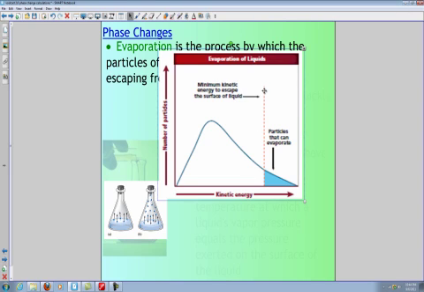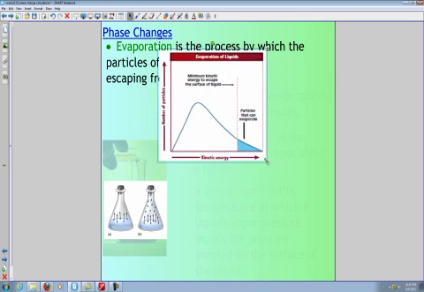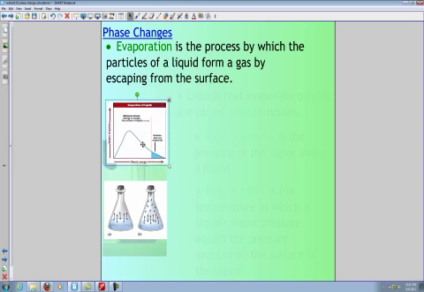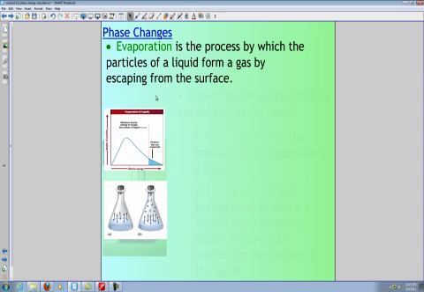You see there's this line here that says minimum energy needed to escape the surface, in other words, to become a gas. So all of these particles that have this much kinetic energy, if they're at the surface, they can escape and evaporate. And over the course of time, you might get more energy into the system from sunlight or something like that, and that causes more evaporation.